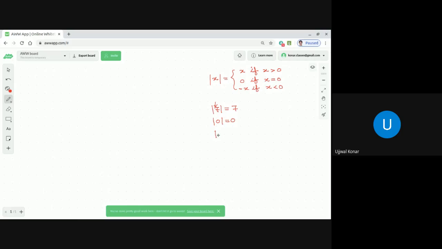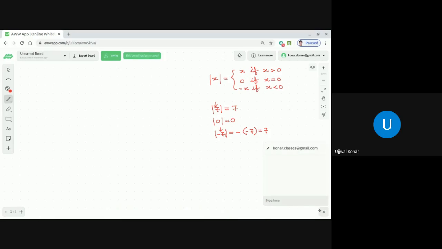But what is mod of minus 7? If you see mod of minus 7, what is inside that mod is negative, minus 7, which is less than 0. So according to the definition, mod of x equal to minus x if x is less than 0. So it becomes minus of x, but what is x? x is minus 7, and that is why it becomes 7.